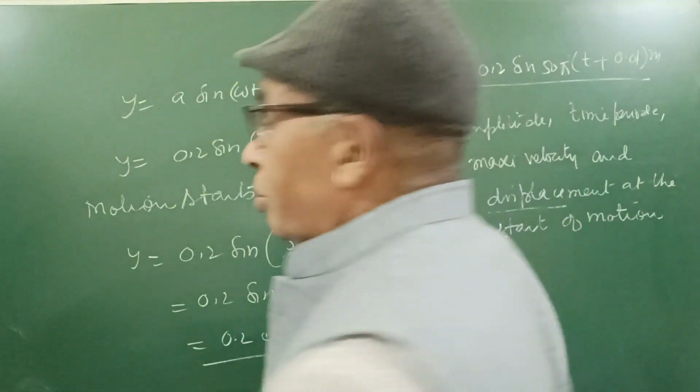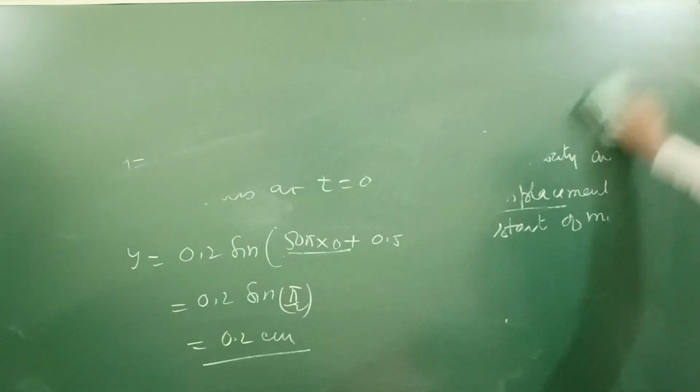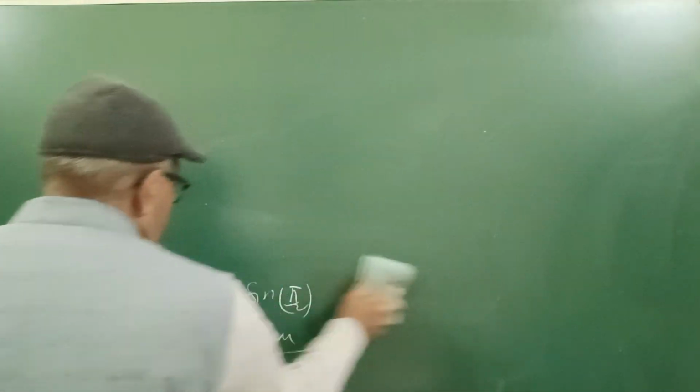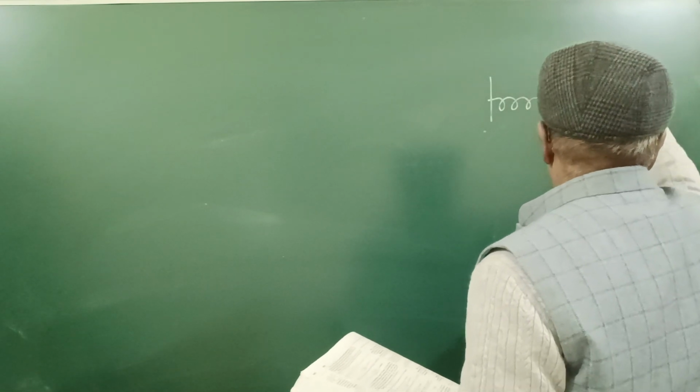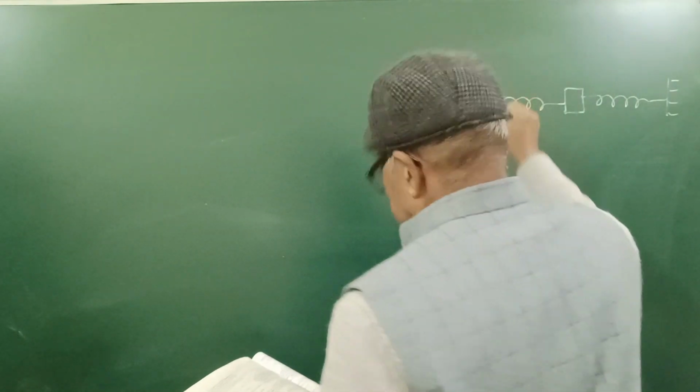Yes, I want to solve two questions for you, just for the sake of practice, because these questions are generally asked and our students fail to attempt them. Here there are two springs with a mass M attached.